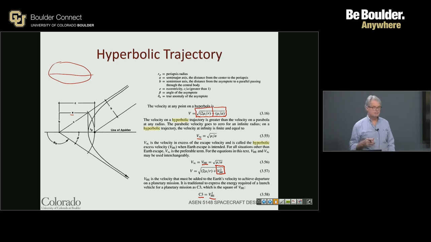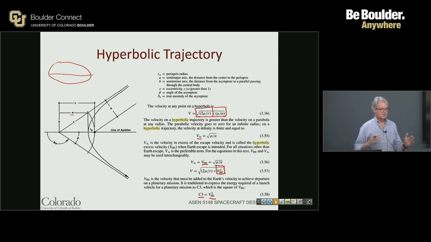Circles, ellipses, parabolas: useless from a design perspective, but good from the understanding that I've got to get away from the gravitational attraction of a body. I'm going to apply this much velocity to get away from the planet. And then hyperbolic excess velocity: we add a little bit of velocity to the escape velocity, and that gets us from here to there.